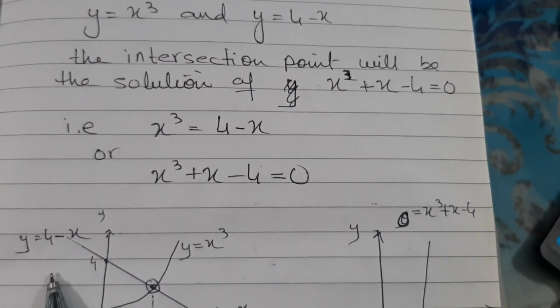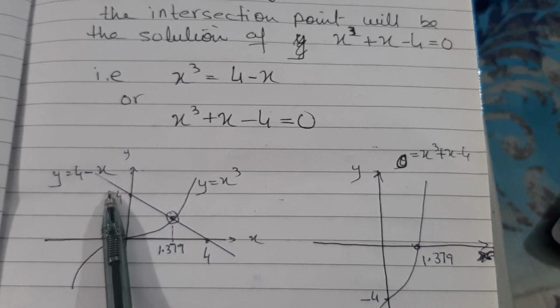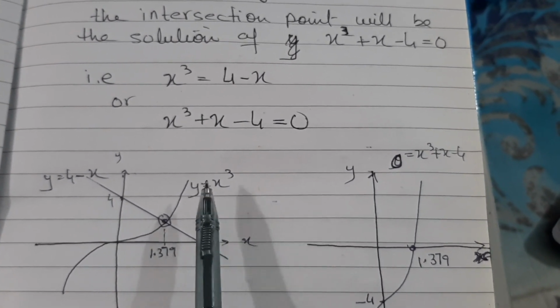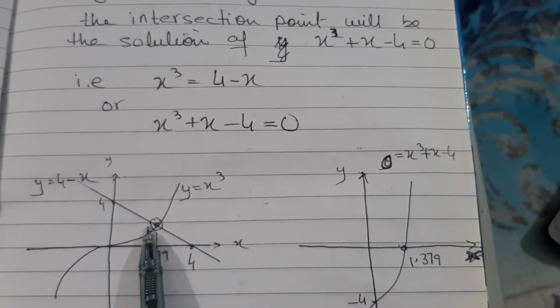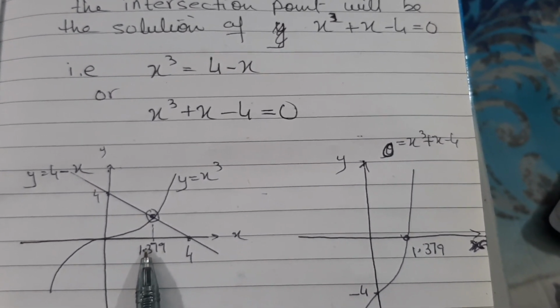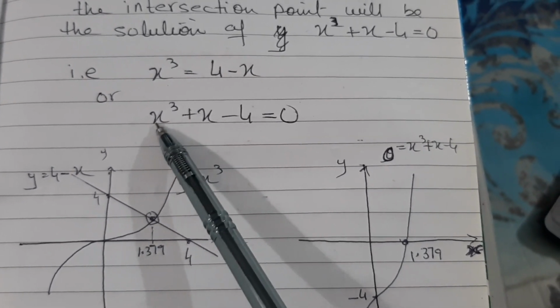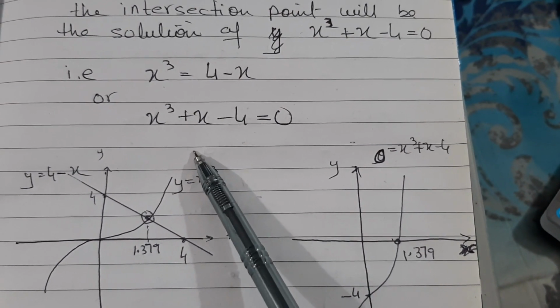Let's see, I have a rough sketch here. This is y equals 4 minus x, and this is y equals x cubed. It is intersecting here, for example, at 1.379. The x value is always the root, because the x value which comes here is the root of this equation.